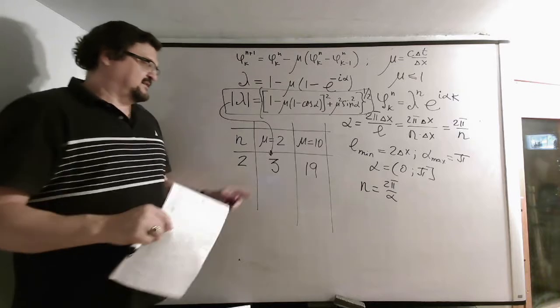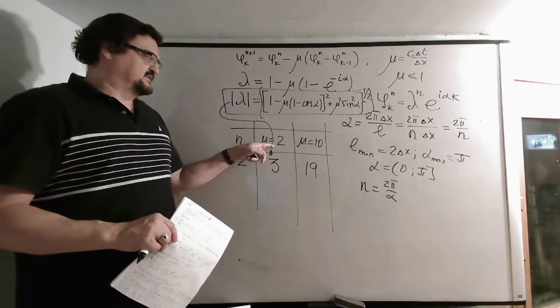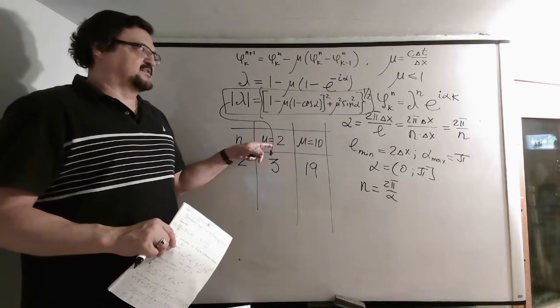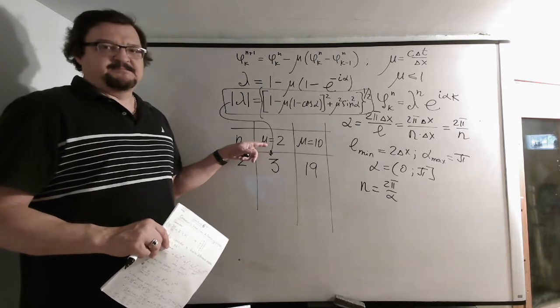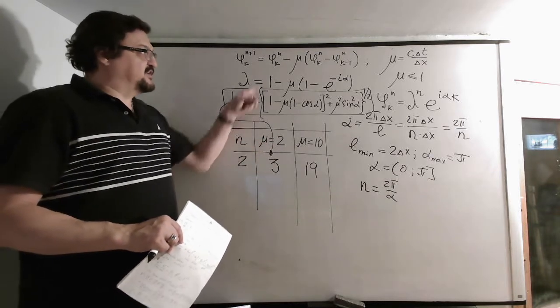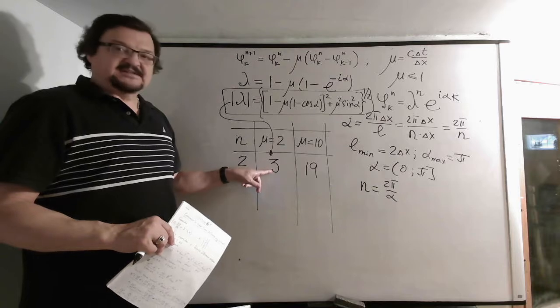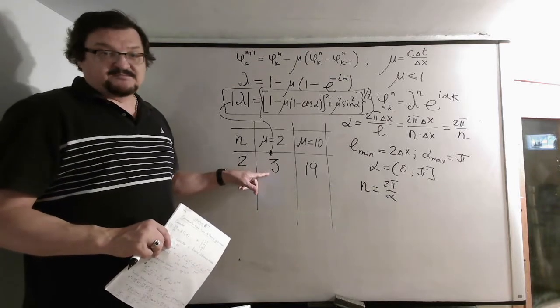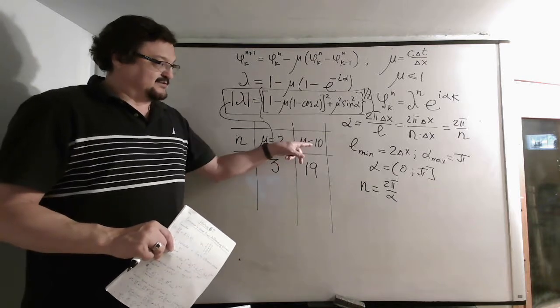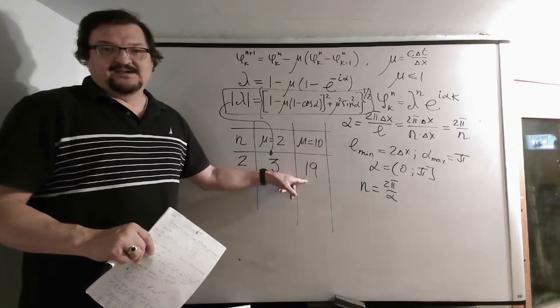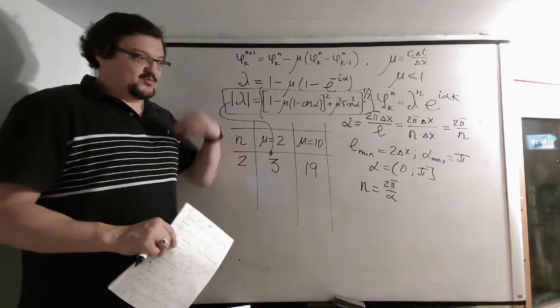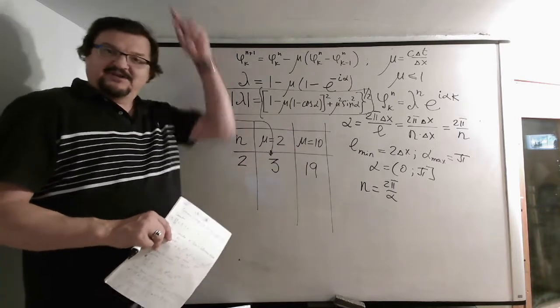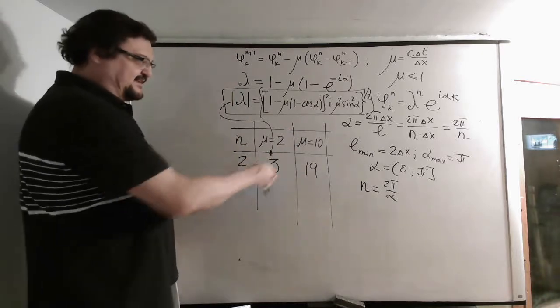So you see that in this case, when your time step is twice as long as maximum allowed by the stability criterion for the scheme, at the next time step the amplitudes of 2 delta x waves will be 3 times bigger. While for mu equal 10, it's 19 times bigger in one time step already. So this is very unstable, right?